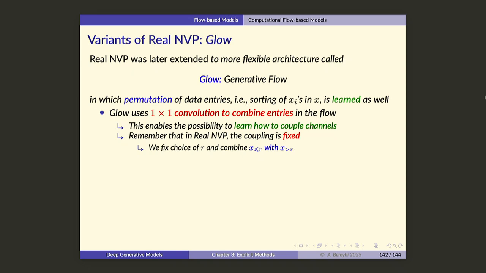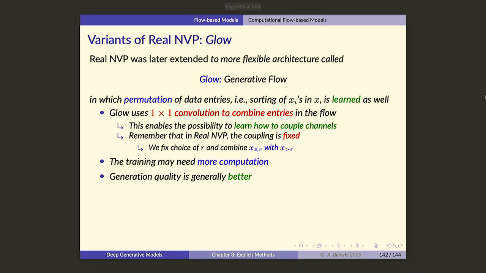But there is no need to do it exactly this way. You can select which ones to copy and which ones to process. And if you use convolution, you can eventually learn that as well. This was the idea they added to Real NVP, ending up with Glow, and it was really something that worked quite well. The generation quality was quite good. It needed a bit more computation because the location is also involved, and so there are a bit more gradient computations.